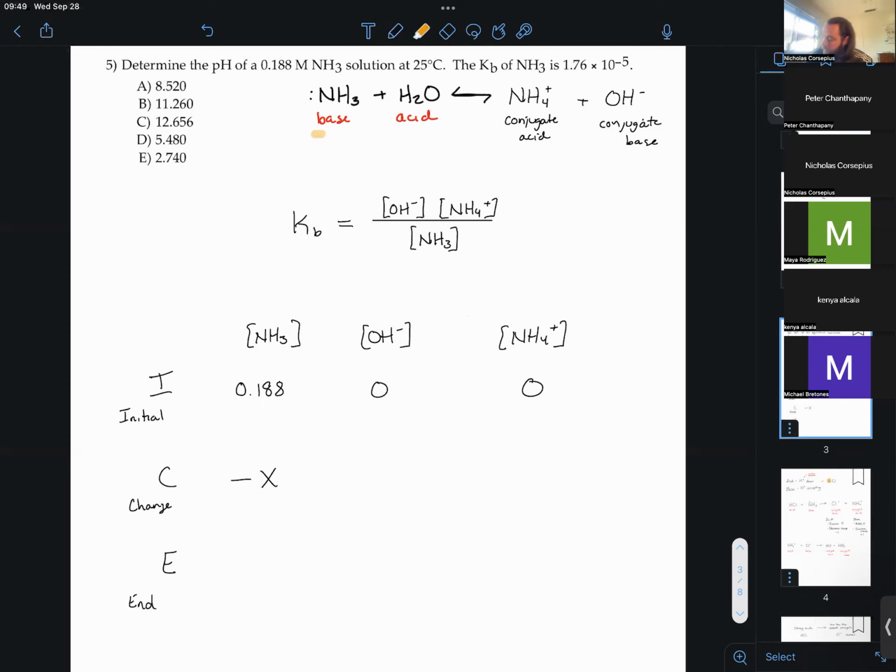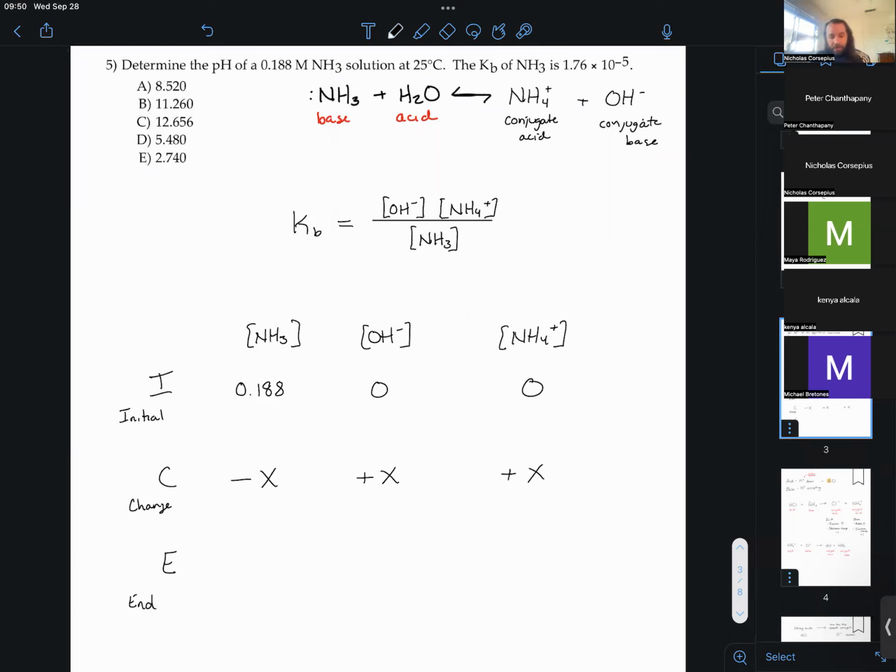That's what I'm going to have to solve for. Importantly, every bit of this base is going to react to form one conjugate acid and one conjugate base. What I mean by that is if I have one molecule of ammonia reacting with water, it's going to produce one molecule of this conjugate acid and one molecule of this conjugate base. So if I have X molecules of base reacting, it's going to produce X molecules of conjugate base and X molecules of conjugate acid.